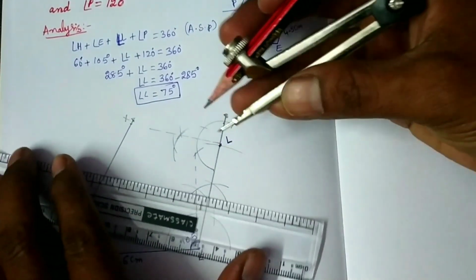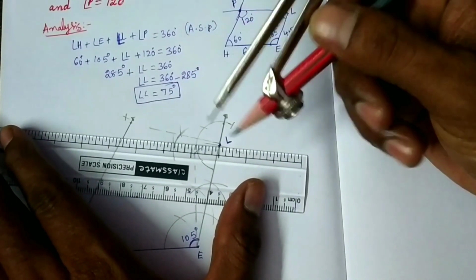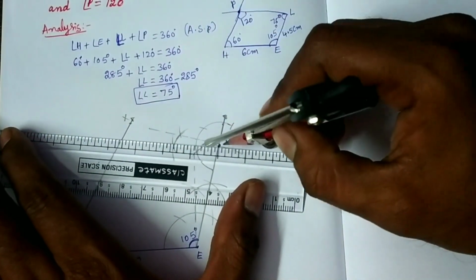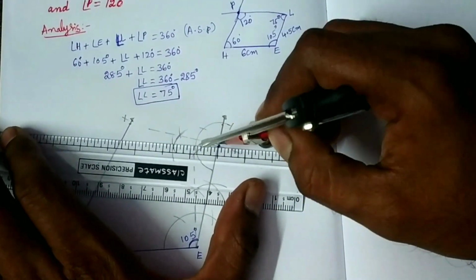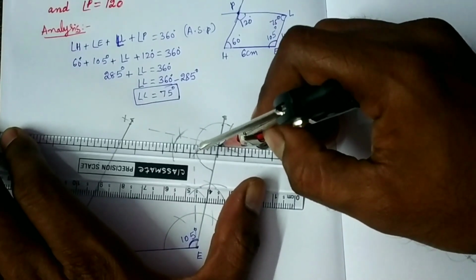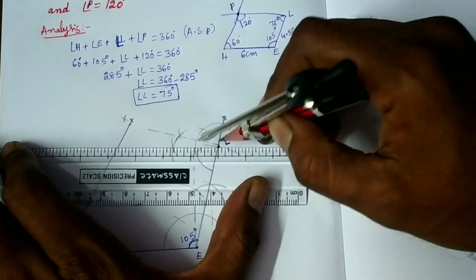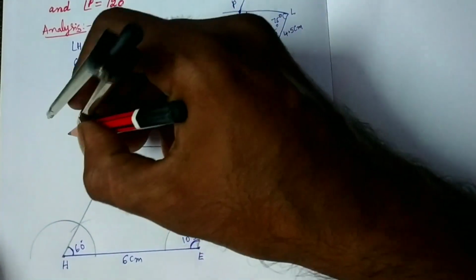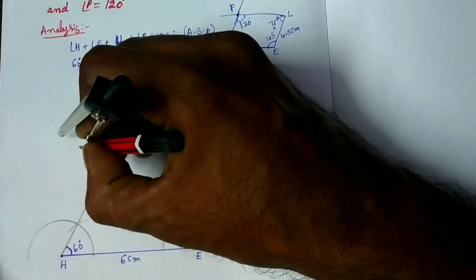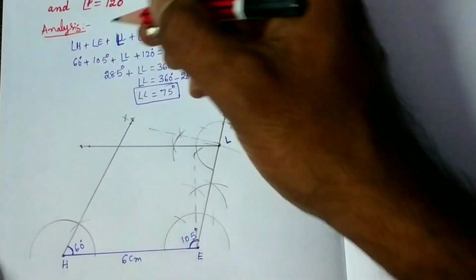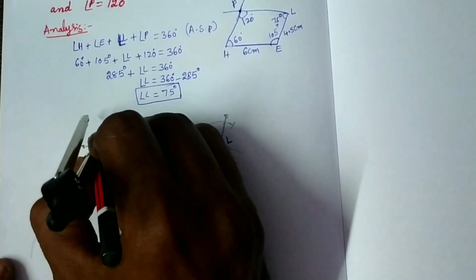So from L through this intersecting point of these two arcs, you draw a ray, that is LZ.